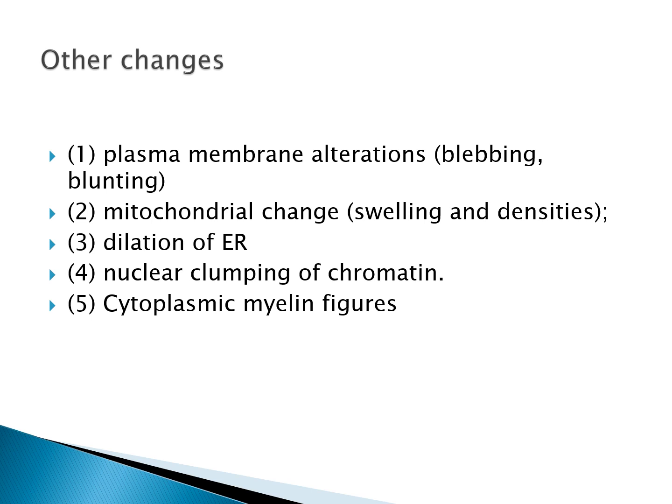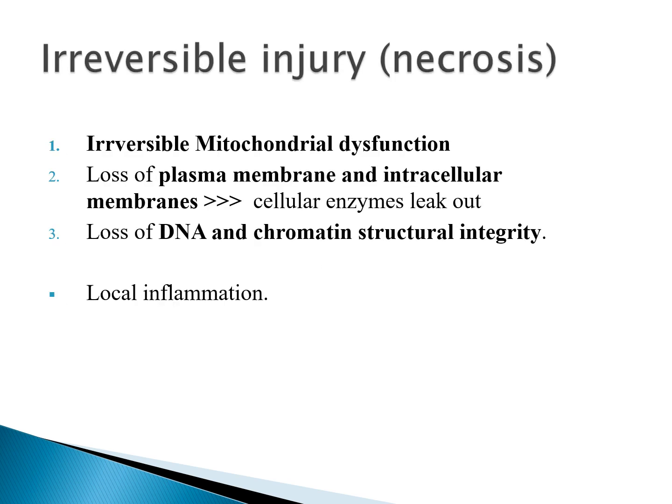When the injurious stimulus disappears, all of these changes can be reversed back to normal and the cell goes back to normal. Now, if the injury is very severe or prolonged, or the cell cannot withstand the reversible injury, it will enter into cell death, or what we call irreversible injury or necrosis.